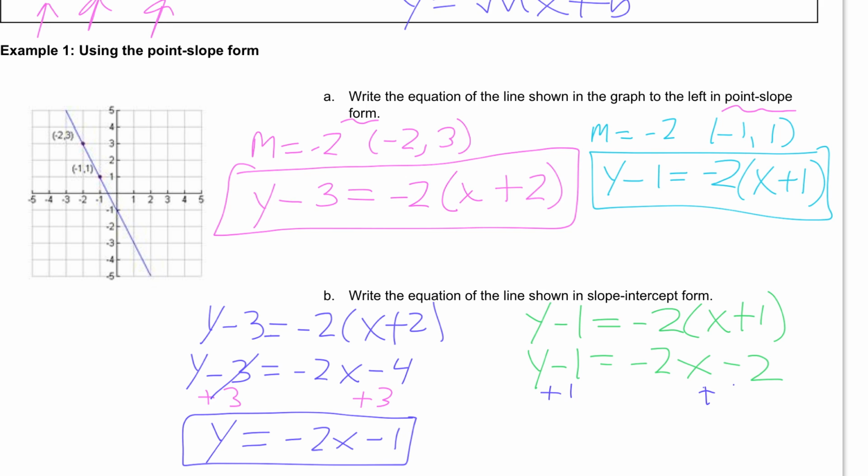Negative 1 and positive 1 will cancel. I get y equals negative 2x, and then negative 2 plus 1 I can combine together, which is negative 1. Notice it doesn't matter which one I started with, I got the same answer in the end. So any one of these answers is fine, and you can choose any of them to put into slope-intercept form.